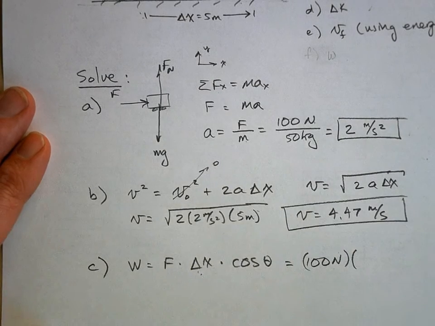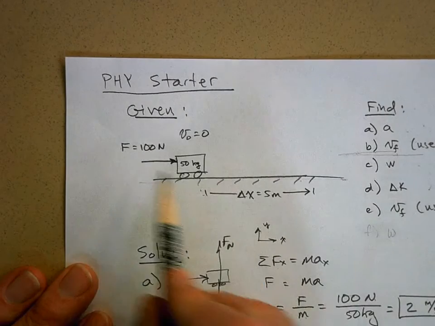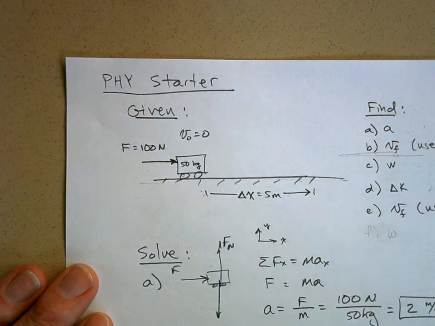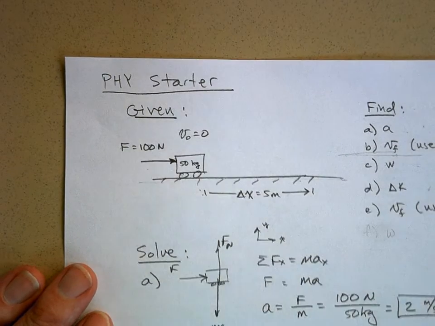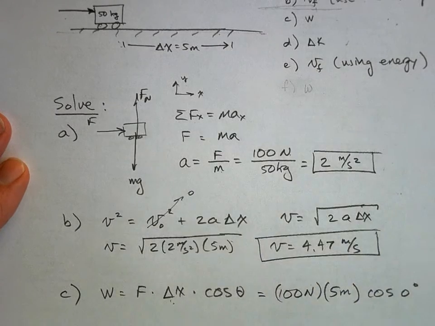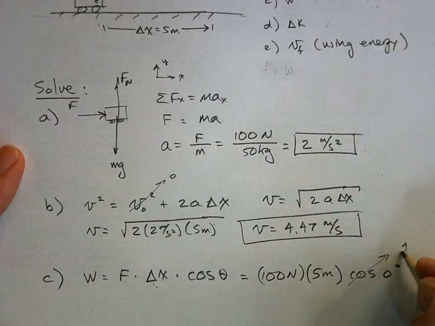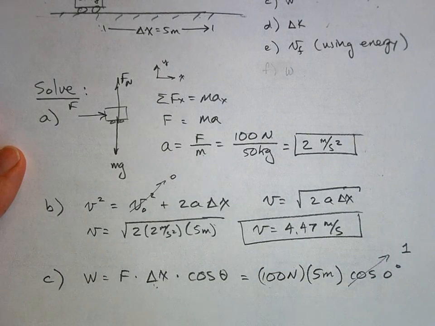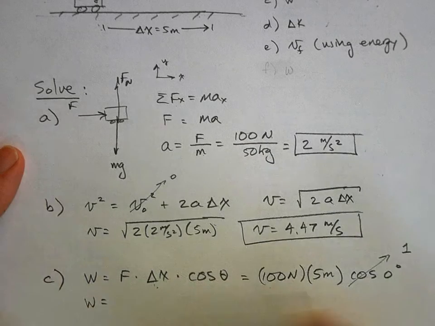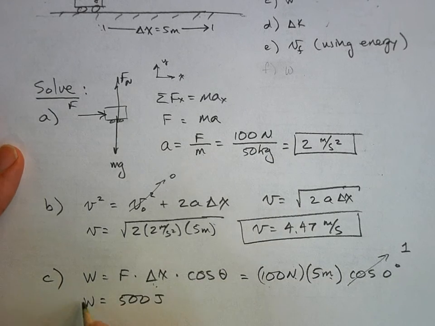The displacement is delta x, that's 5 meters. And if you look at the picture, the force is to the right and the displacement is to the right. So the angle is 0. So you can put cosine of 0 degrees if you want to, but what is the cosine of 0? It's 1, so it's just 100 times 5. So the work done is 500, and a newton times a meter is a joule of energy.